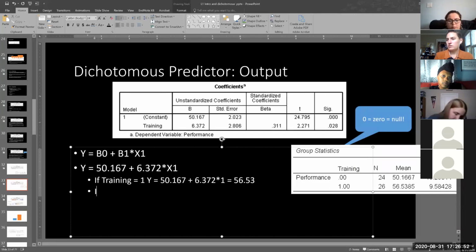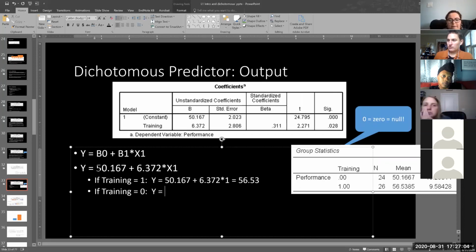If training equals 0, then I have y equal to, again using the same equation, 50.167. But this now becomes what? Anybody know? 0.